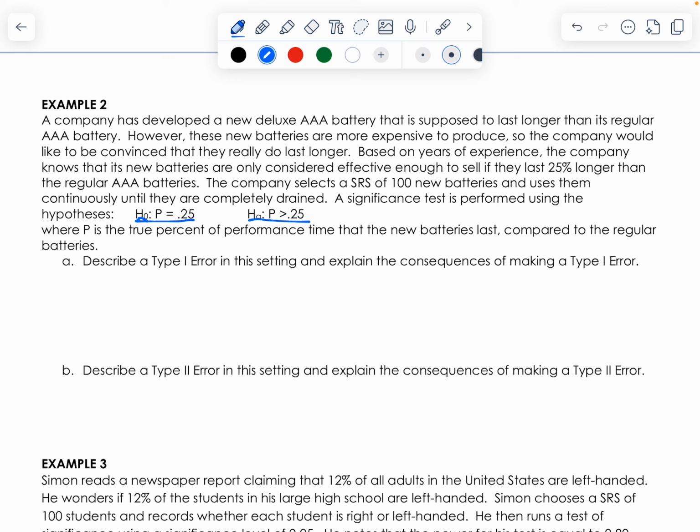So a type 1 error means we reject the null. So we conclude that P is greater than 0.25 when we should not have rejected the null because P is equal to 0.25. Now, what does that mean? We are claiming that the batteries last longer than they do, right? We are saying that that percent that they last is longer than 25%, longer than the other batteries, when they really don't.